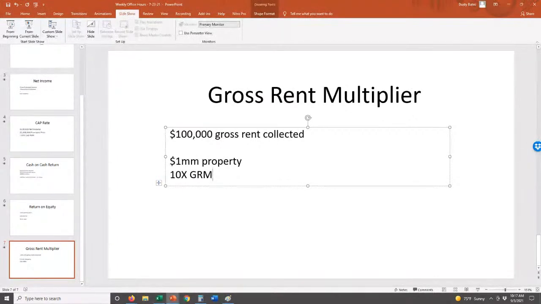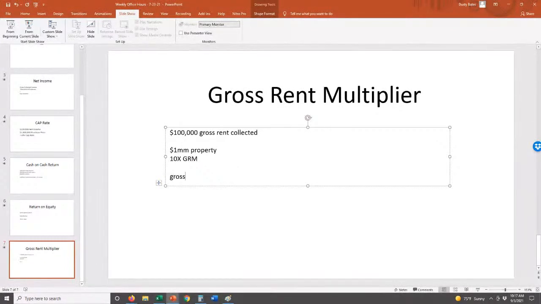If you multiply $100,000 by 10, you equal the property's value. Gross rent by the multiplier equals the value. So if I times 100,000 by 10, I get the $1 million value.